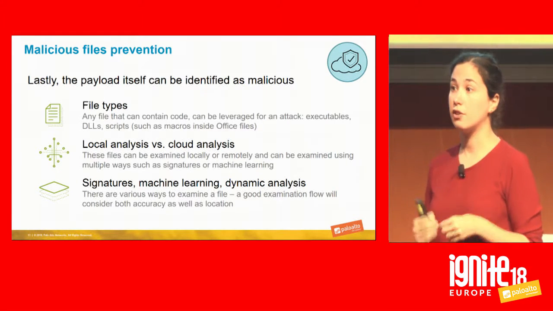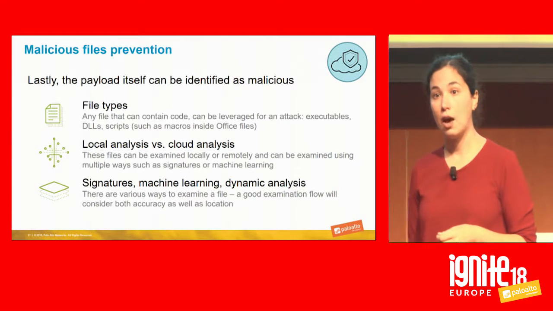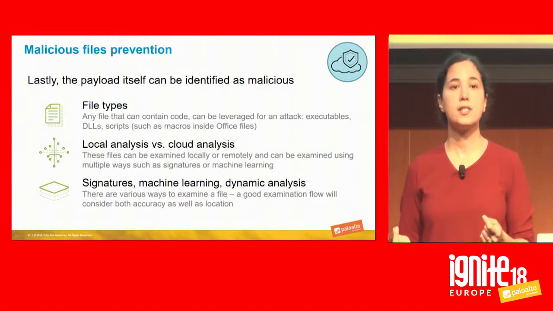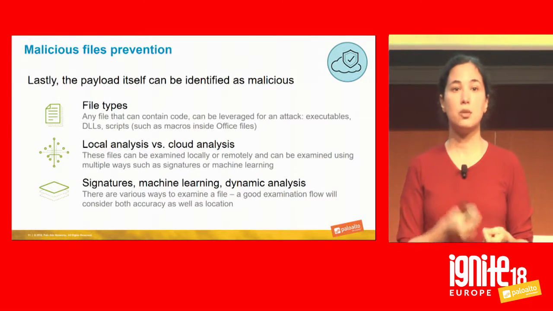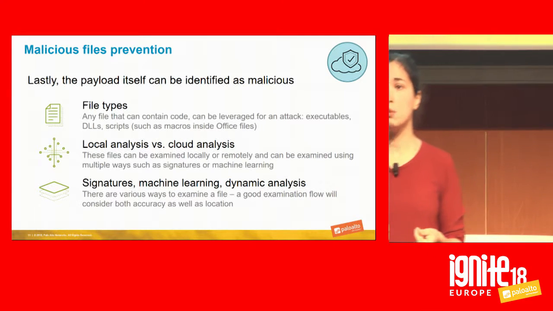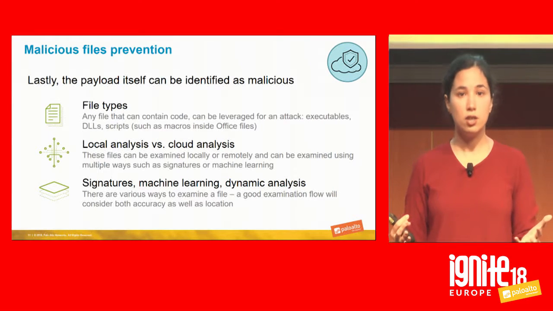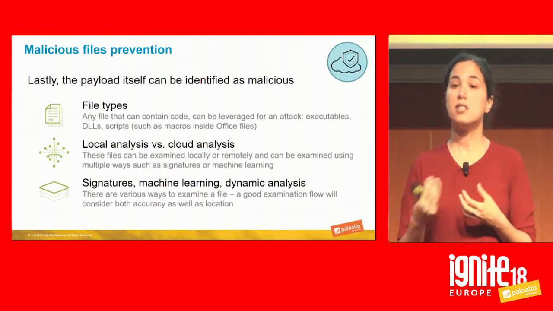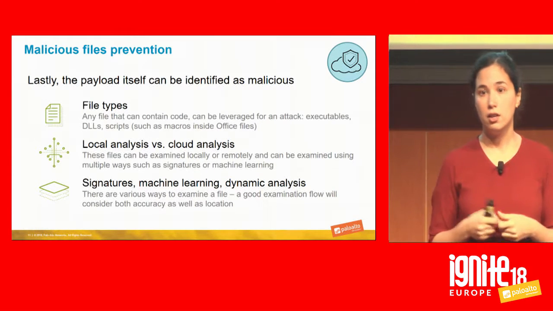Even though Traps is not signature-based, Wildfire has signature-based capabilities in the cloud, because in the cloud, that makes more sense. We can maintain databases of millions and millions of signatures, something that we don't want to do on the endpoint. We can update that every 5 minutes, something we don't want to do on the endpoint. So it's not that signatures is bad and machine learning is good, it's that we need to consider which type of mechanism we use in each location and why.